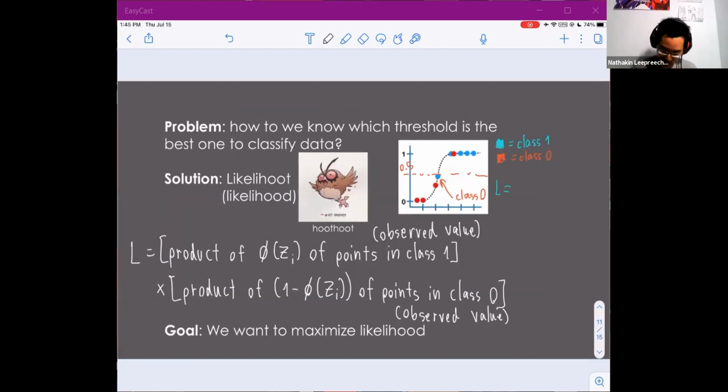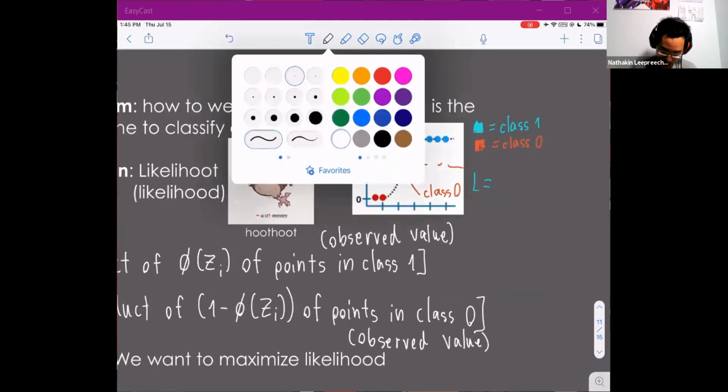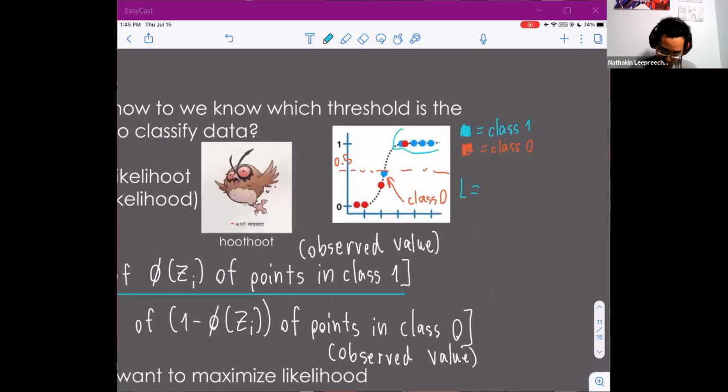And we're going to draw something like this. So the product of phi of points in class 1 from the observed value. It's going to be these 4, and this.